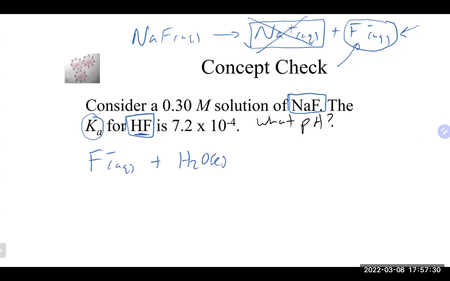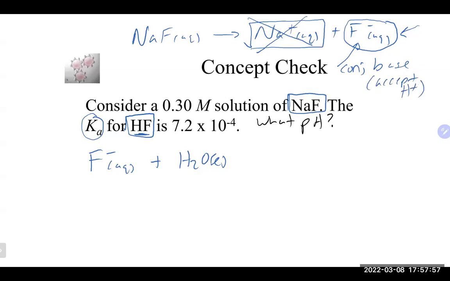So the key is, will it give an H or accept an H? Logic would tell us it cannot give an H, right? But just in case we don't have that logic with us or we can't figure that out, we do know that it came from HF, right, which is a weak acid. That would mean that technically speaking, this would be like the conjugate base. And the definition of a base is something that will accept an H plus.